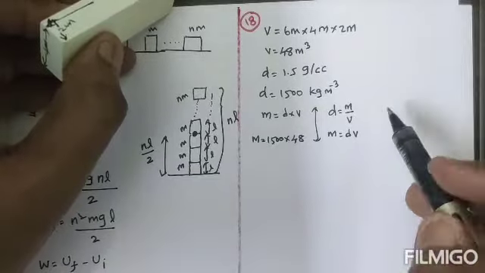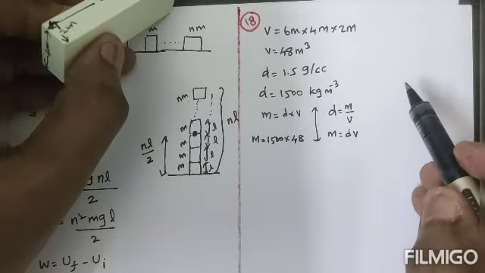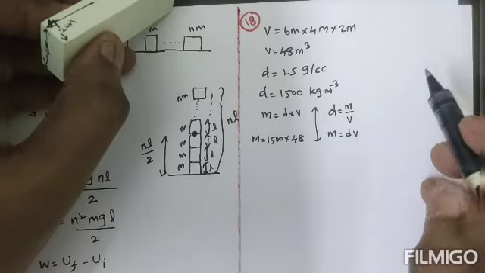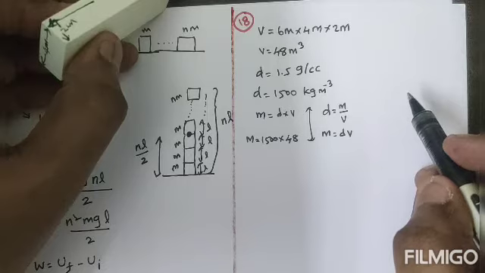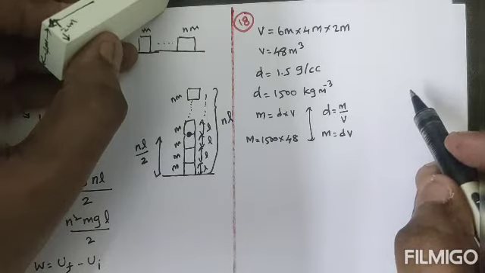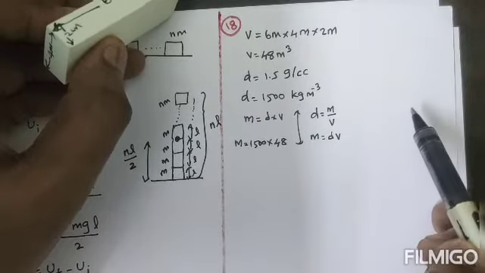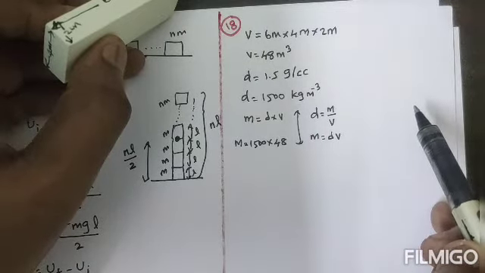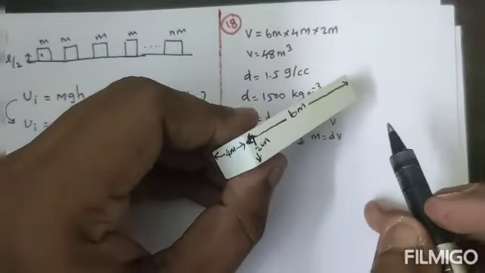Now we'll read the question fully. A rectangular block of dimension 6 meter, 4 meter, 2 meter and density 1.5 gram per cubic centimeter is lying on the horizontal ground. Let us imagine one horizontal ground with the face of the largest area in contact. Which is the largest area?